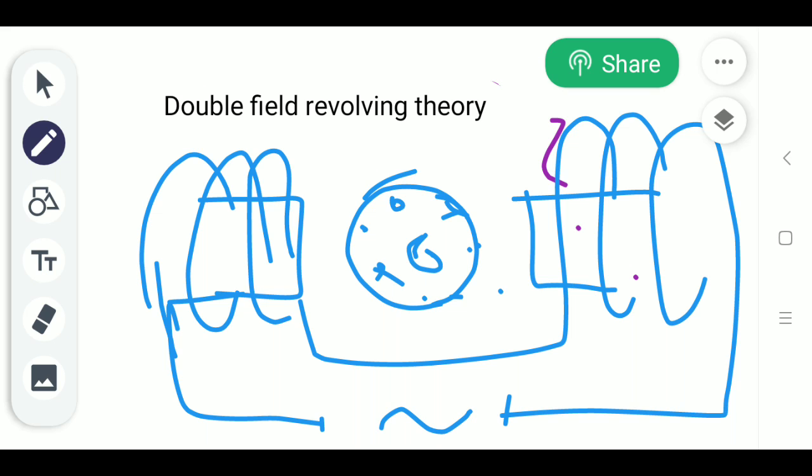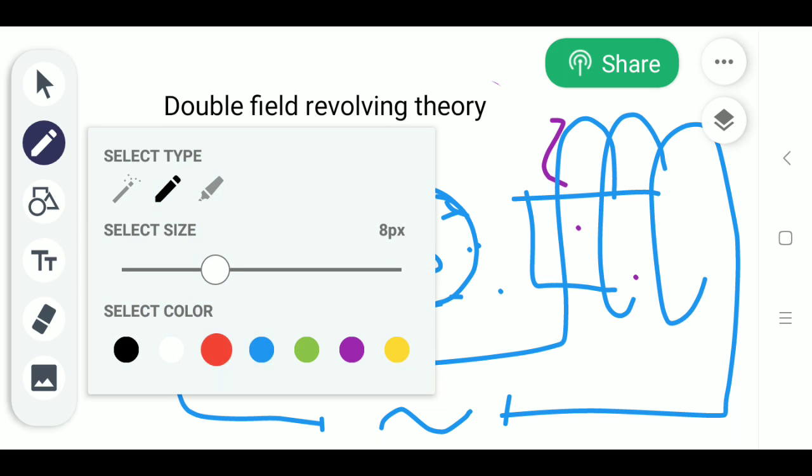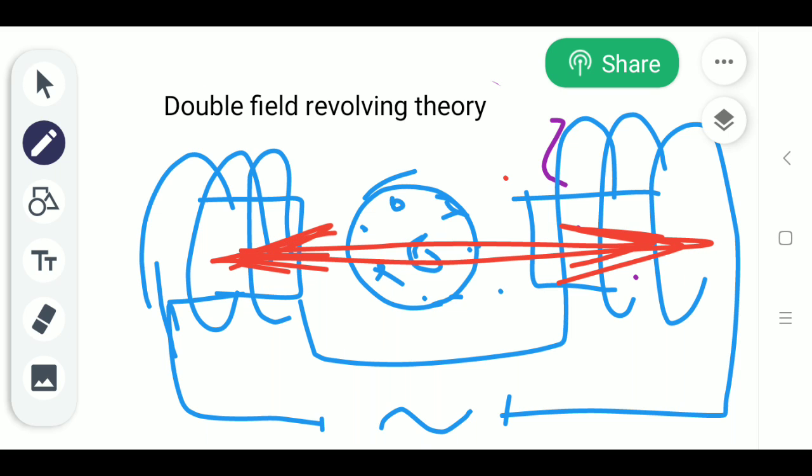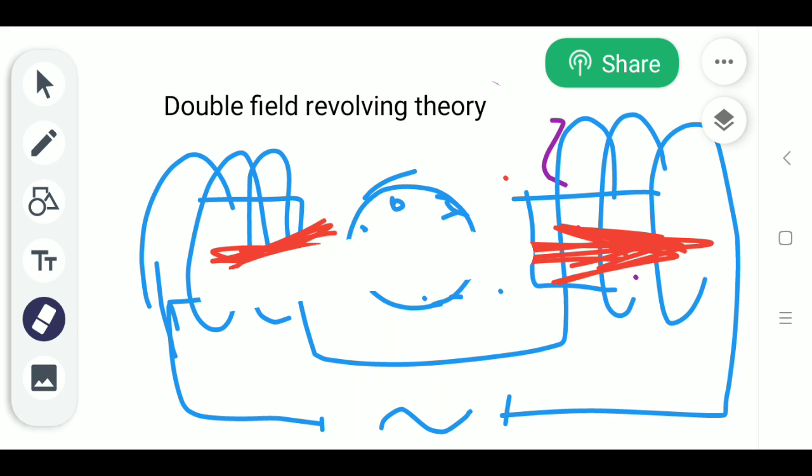So the situation was already discussed, and it created flux, and this flux varies along a single direction, just moving to and fro, and a pulsating or oscillating field is created. So these red colored directions indicate how the flux varies. We have already discussed that.